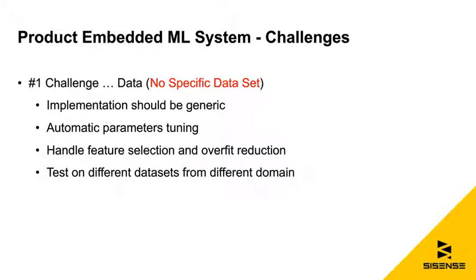Okay, so diving into the first challenge where there's no specific data set, it should be mentioned that our implementation, whether it's in Python, Scala, or MATLAB, should be generic. It shouldn't be relying on assumptions, or should minimize the amount of assumptions we make during coding.